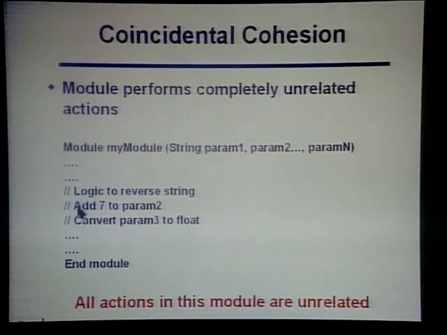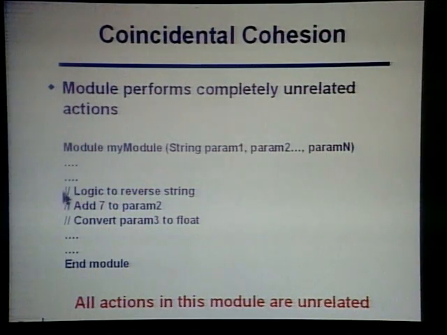Of course, we have not written the code here, but the comment clearly shows that some kind of code is written there. For example, this module has some statements written in some programming language which reverse the string, that means parameter 1. Then it adds 7 to parameter 2, and then converts parameter 3 to float type. Of course, other similar tasks are there.